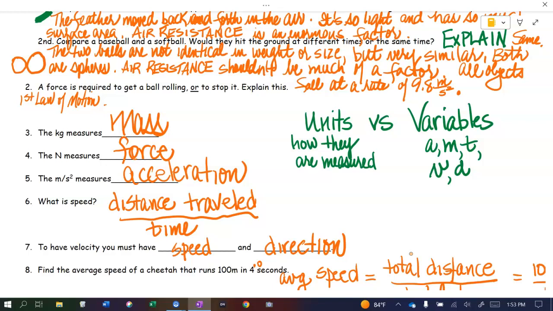So all objects at rest stay put. Moving objects stay at the same speed and direction, right?